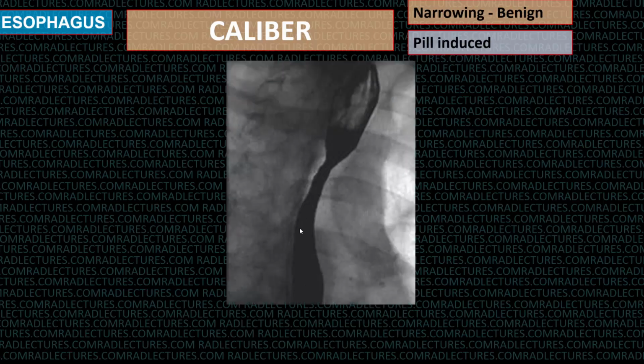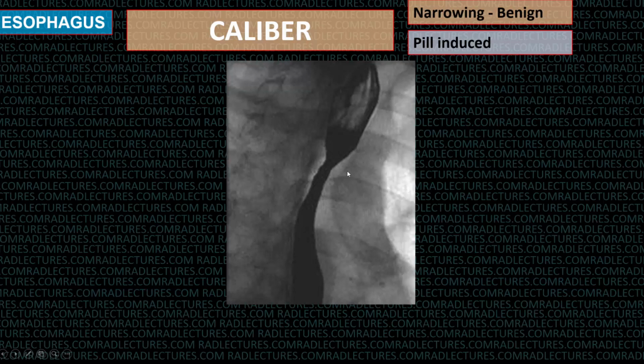Pill-induced strictures are again in the portion of the esophagus where there are normal areas of narrowing. So at the upper esophageal sphincter, at the point where the aorta crosses it, or at the point where the left mainstem bronchus crosses it, the pills will get stuck there and cause a chemical esophagitis. Which are the types of pill that can do that?